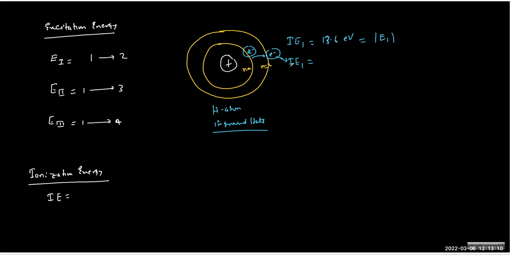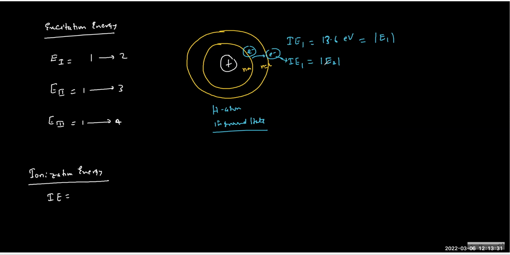We just need the difference of energy, which is exactly the mod of E2. If you take the mod of this energy level, that is sufficient to remove it. Whatever negative energy you have in that orbit, you supply that much positive and you can remove it.